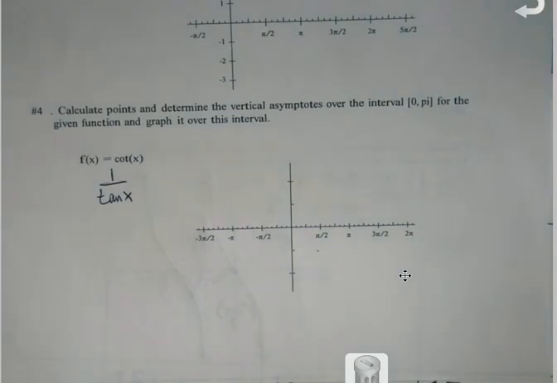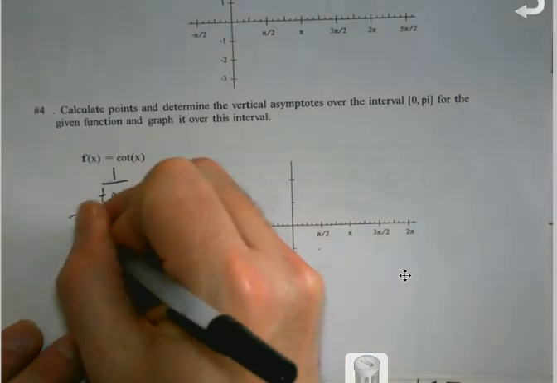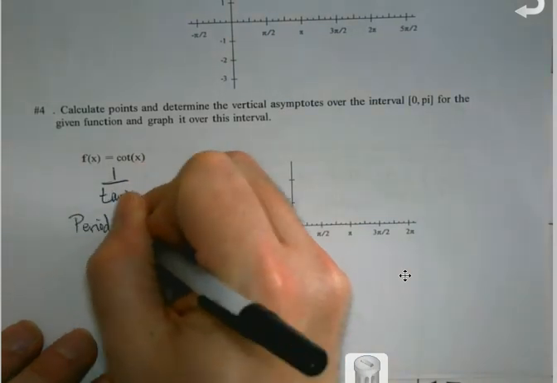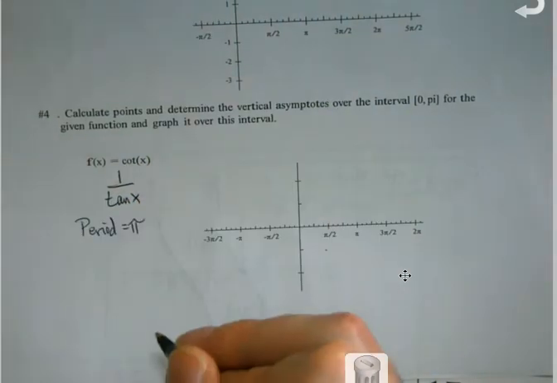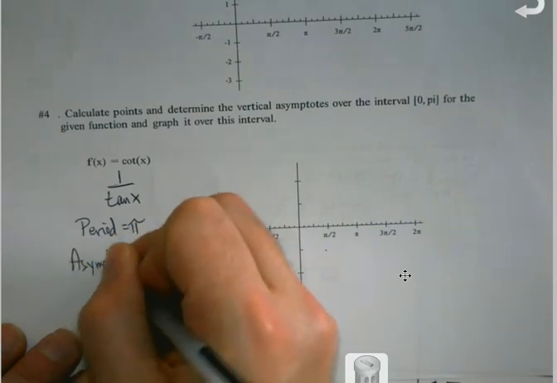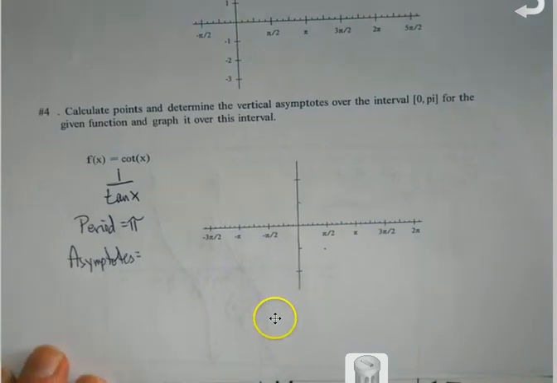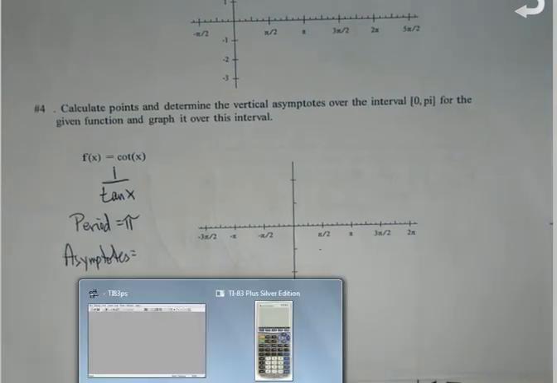It's going to open the opposite way. The period is still going to be the same. But you're going to notice in a minute, and I'm not going to write them down yet, I want us to see where they are, our asymptotes aren't going to be in the same place anymore. So we'll make the comparison here.